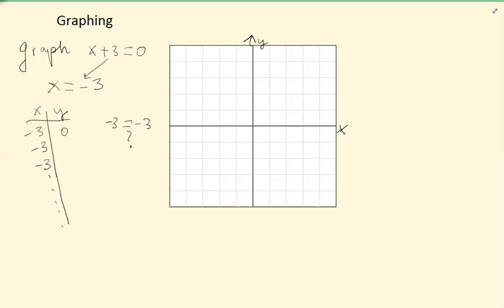So I can pick a 0, I can pick a 2, a -4. Okay, and we'll go ahead and plot these. -3, 0 is right there. -3, 2 is over, but up. -3, -4 is down here. Over -3 and down -4.